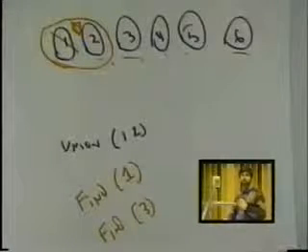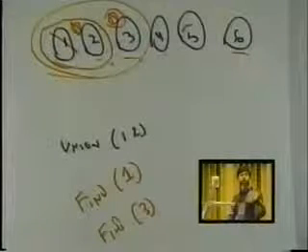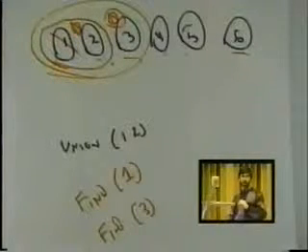Because the moment we decide that two vertices are in the same connected component, we're simply going to do a union, merge them together, and assign that cluster some kind of name. So long as all the vertices know what their names are, we're okay.